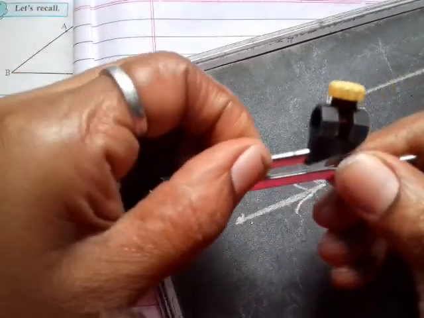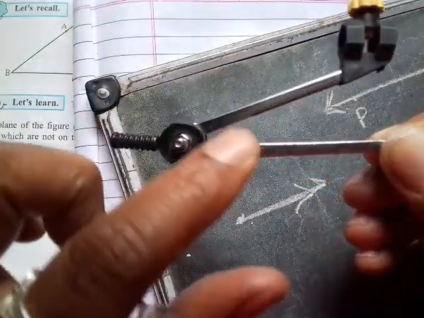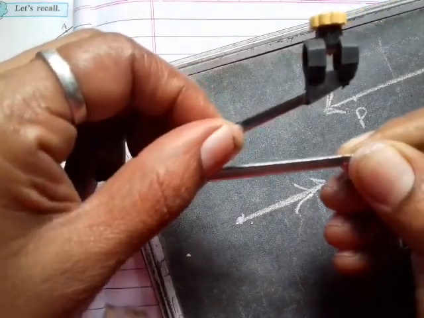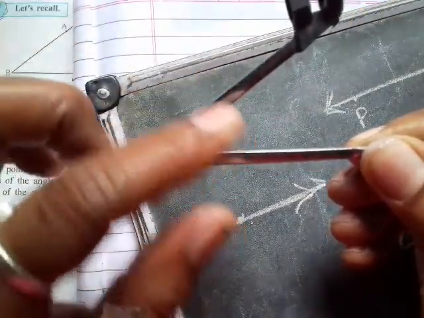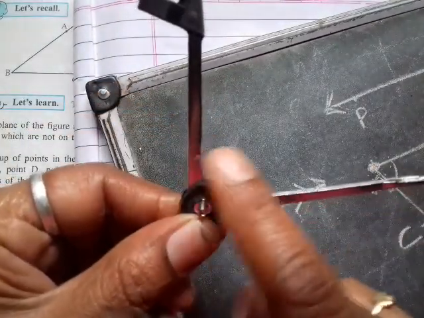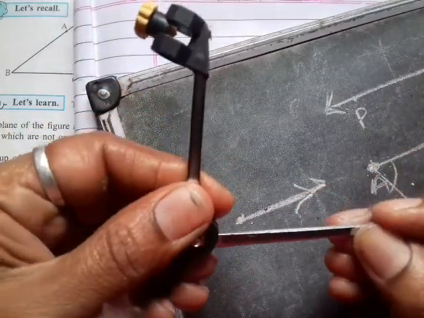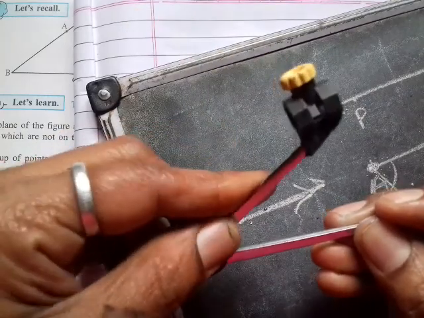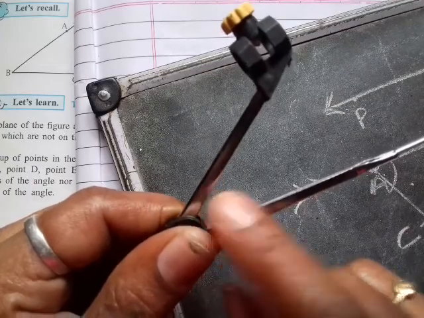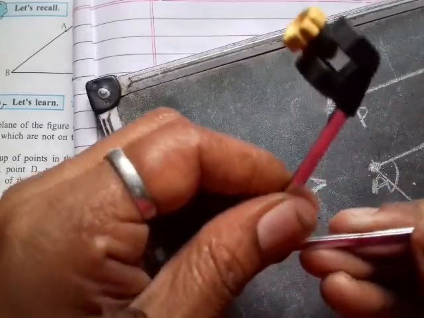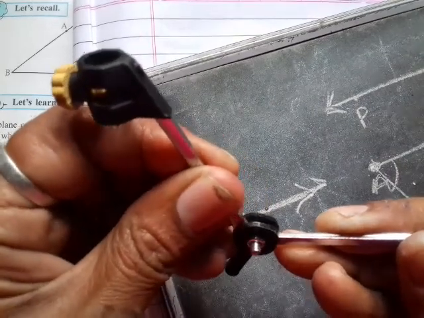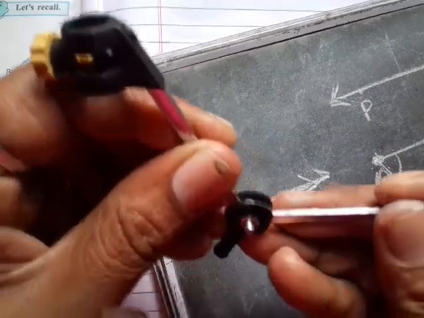But slowly when I extend it, this is called inclination, and then the angle is forming. When I extend it until it is exactly straight up, which type of angle is it forming? A right angle. And less than 90, maybe 89 degrees, is called an acute angle. If I extend more than 90, then it is called an obtuse angle.